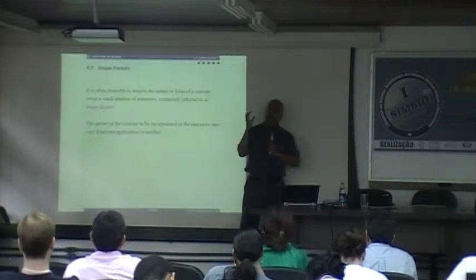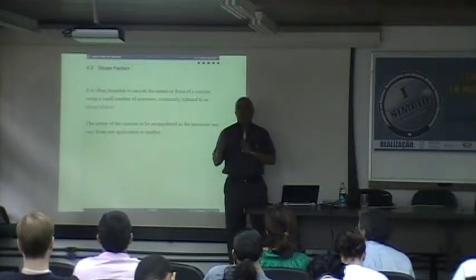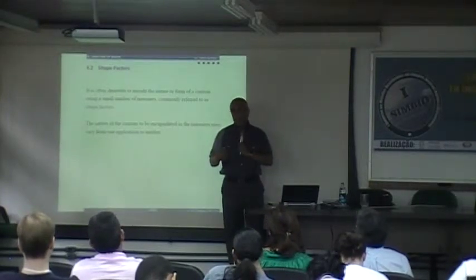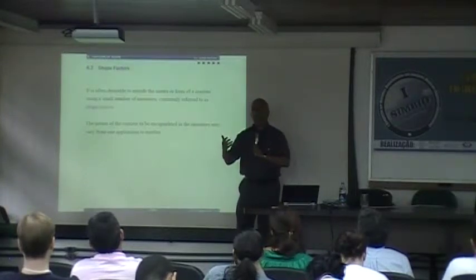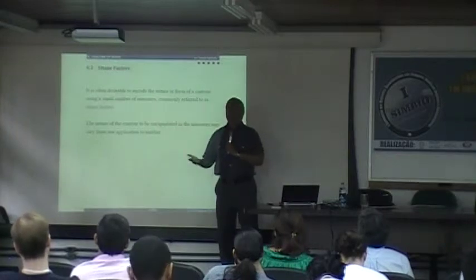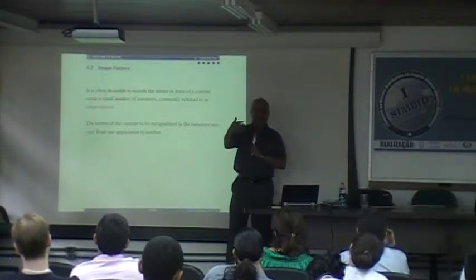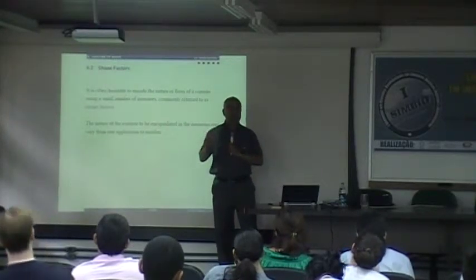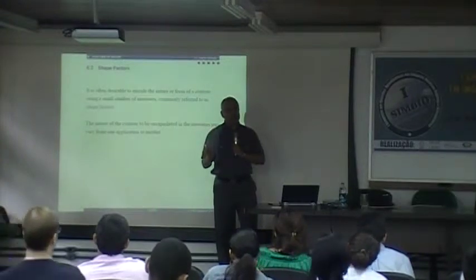But the idea of shape, and especially shape complexity, varies from one application to another, from view to view. You may say this is smooth, this is rough, but that opinion varies from one person to another, and also from one application to another.